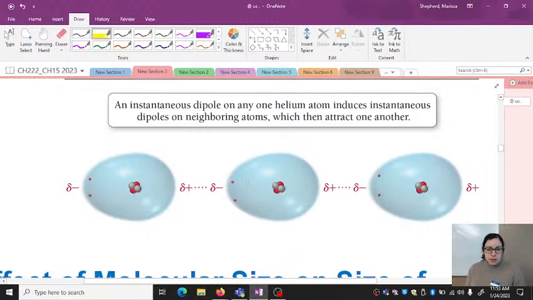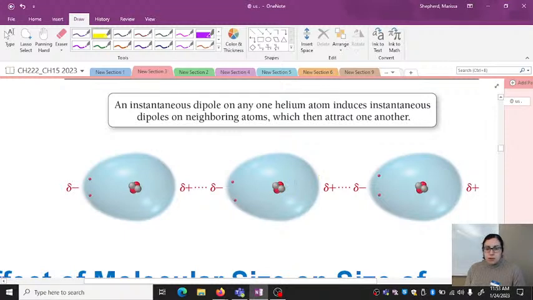Then if we look at our next one, let's just say our electrons are on the left side. So now we have our partial negative region next to this partial positive region, since these electrons happen to be on the other side. And then let's say their neighbor looks similar, with the electrons on the left side at this instantaneous moment.